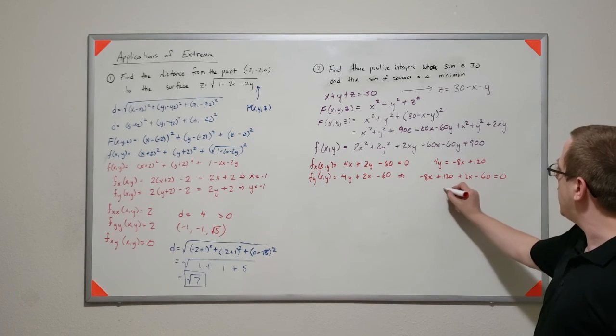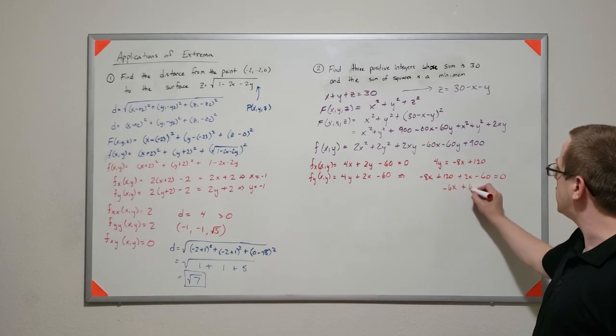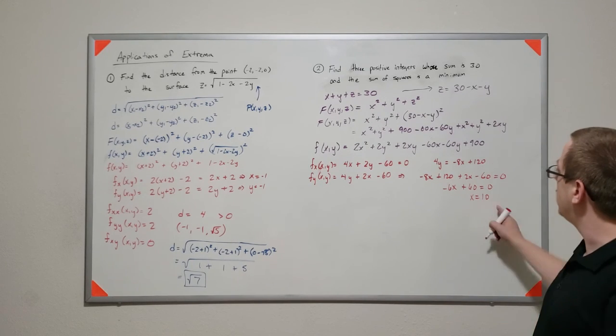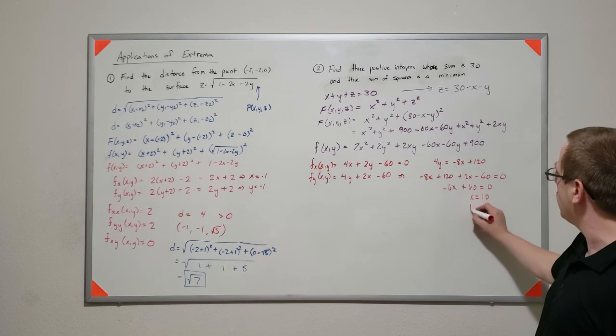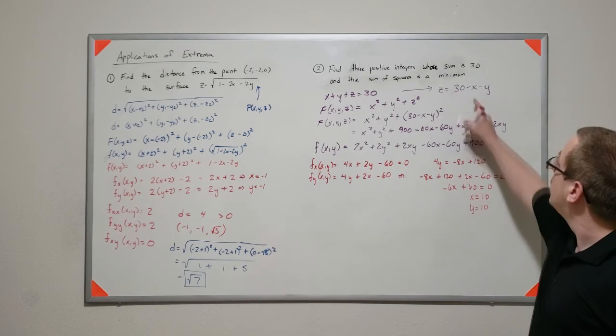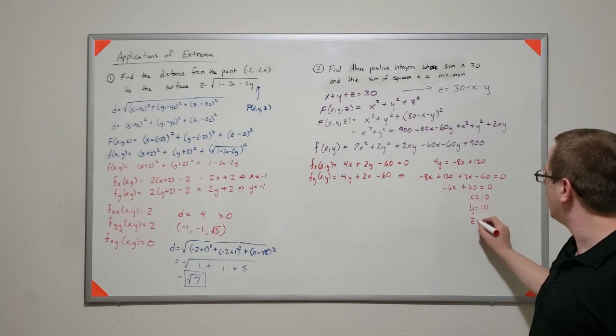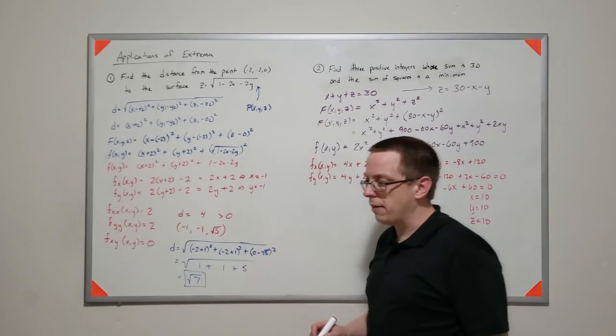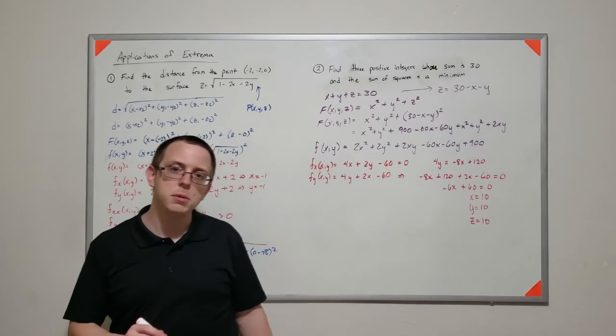That gives me negative 6x plus 60 equals 0. x is 10. Plugging that back in here, we get y is also 10. Plugging that back in here, z is also 10.